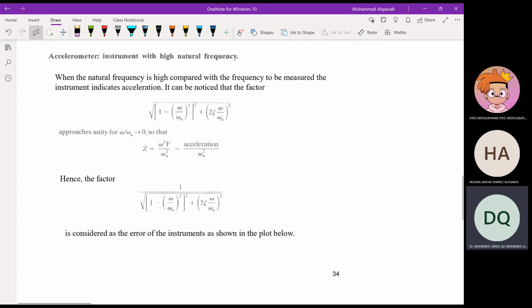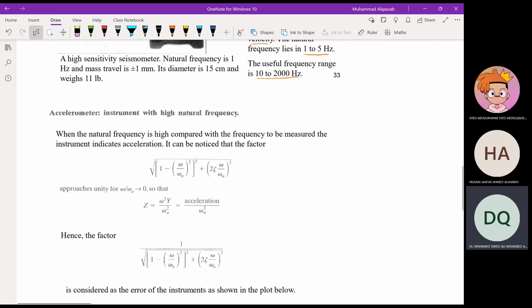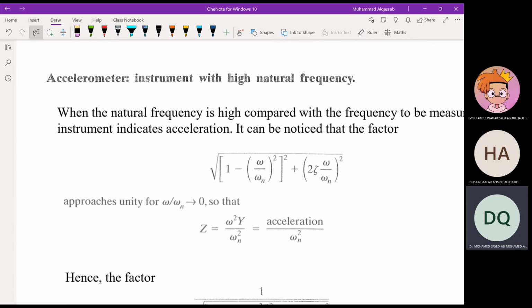Okay, so the second type of instrument is the accelerometer, which is used to measure acceleration. In order to do that, the natural frequency is very high.